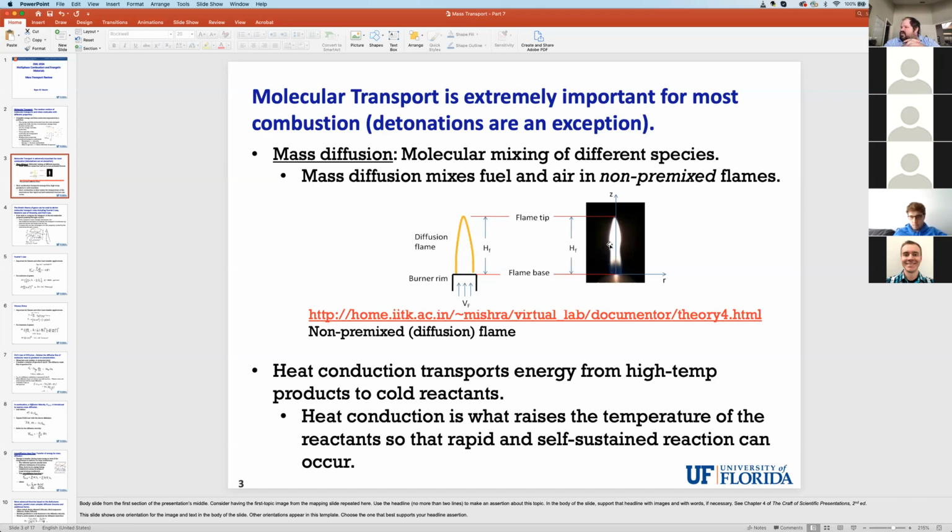And consider what's called a premixed flame, which could be a standard Bunsen burner, where instead of pure fuel coming out, you have a mixture of fuel and oxidizer. So the mixing process I talked about, you basically no longer need. But molecular transport is still extremely important here. If you have used a Bunsen burner, you get this nice conical flame, and it's nice and steady.